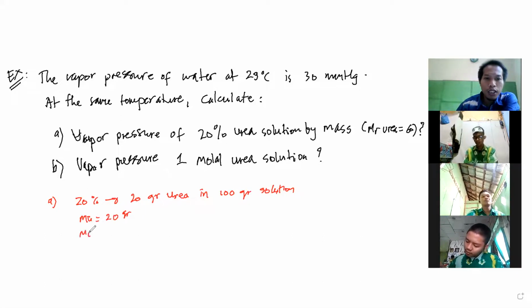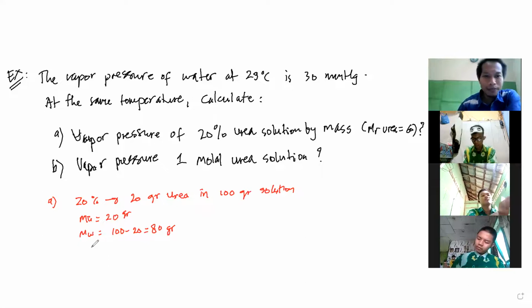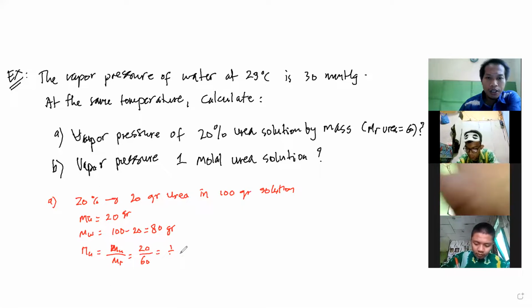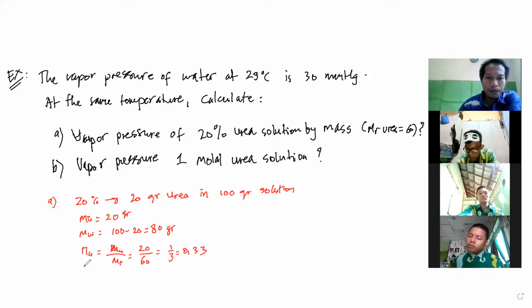Mass of water is 100 minus 20, so 80 gram. Then mole of urea is mass of urea divided by Mr: 20 over 60 is 1 over 3, or 0.33.